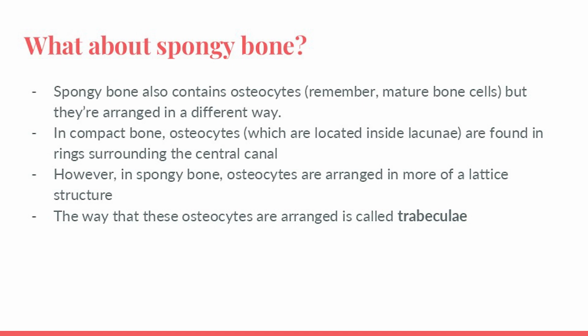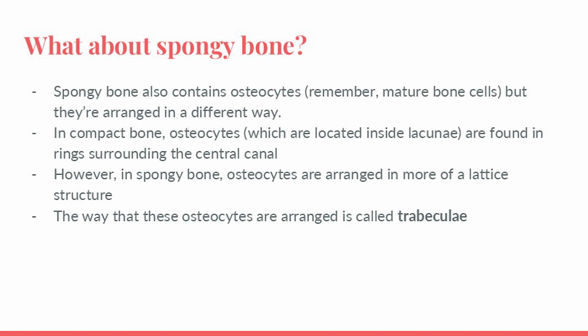So we just discussed how osteons are part of compact bones, but you might be wondering if they're also part of spongy bones. As we just learned, osteocytes are mature bone cells, and they are also found in spongy bone. However, in spongy bone, they are arranged in a different way than in compact bone. In compact bone, osteocytes are found in rings surrounding the central canal, like we just saw here.